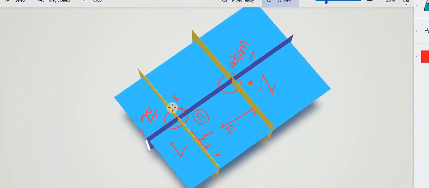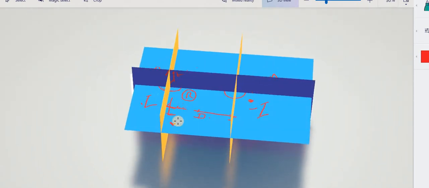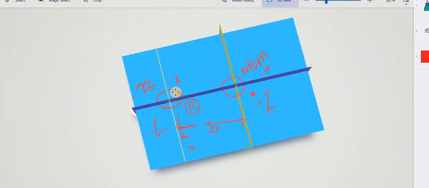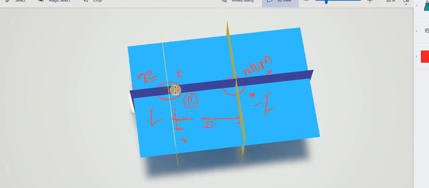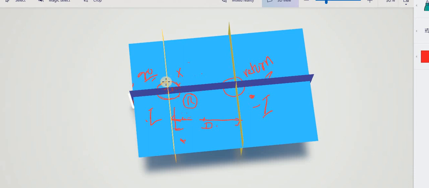This conductor has a radius of capital R. If this conductor is carrying I, within the conductor there will be one notation for the magnetic field intensity, and the flux would be different. Outside the conductor, here, the magnetic field intensity would be different from this.